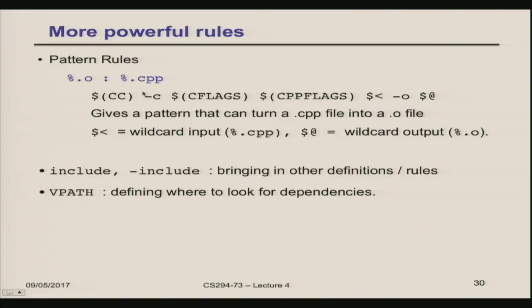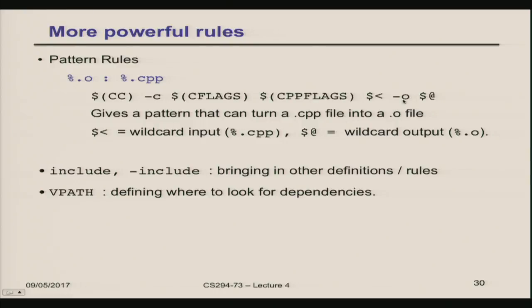So here is the compiler with -c, I'm just compiling, generating object files, and then with some flags. Now, how does it know what files you're specifically talking about? You want to do this for every occurrence of this pair. Well, the command is $<, which is the source.